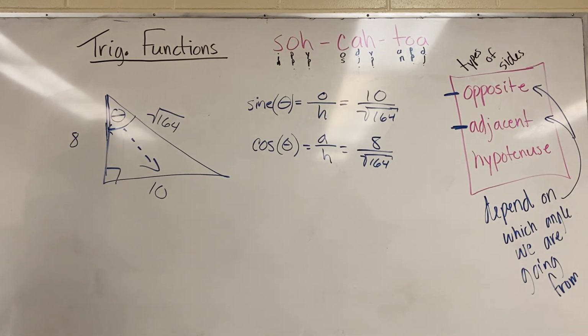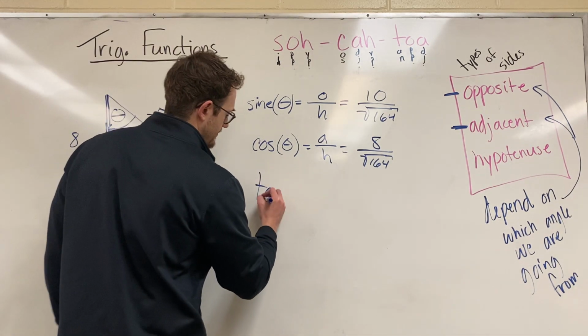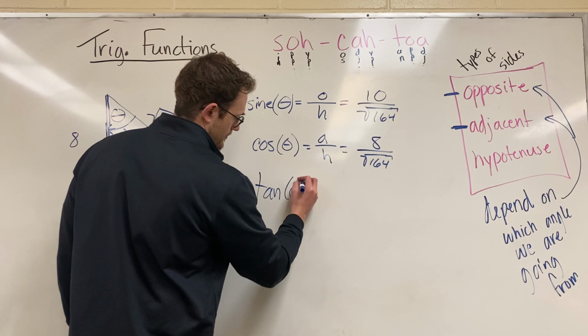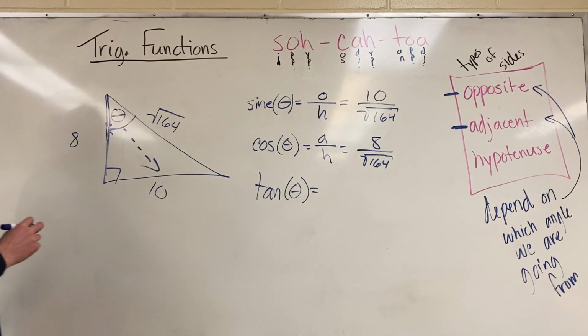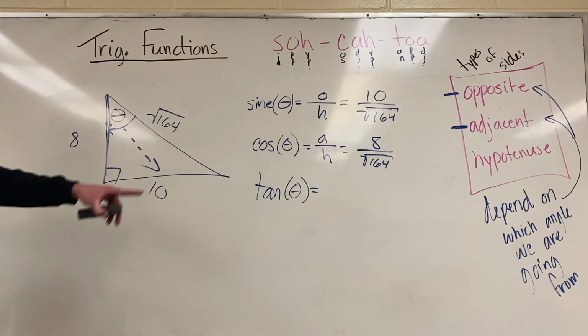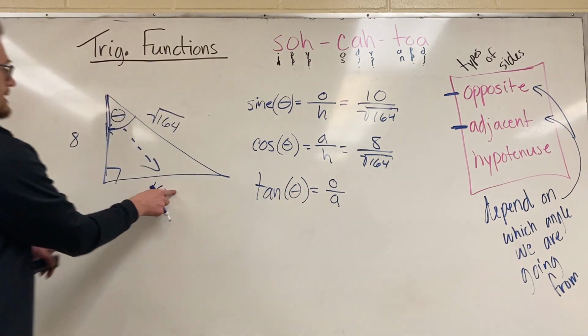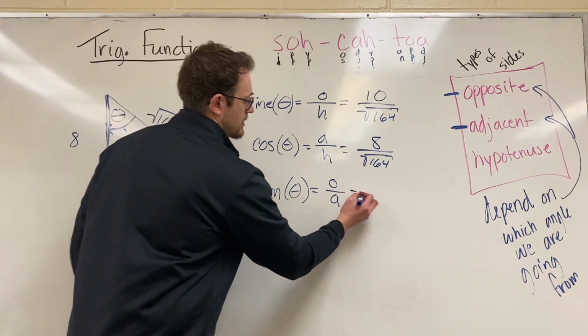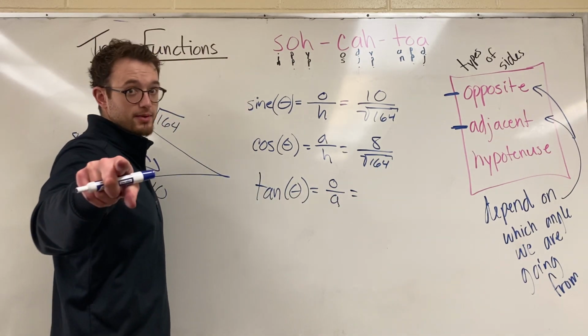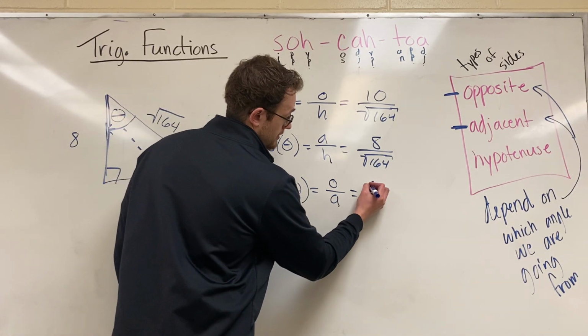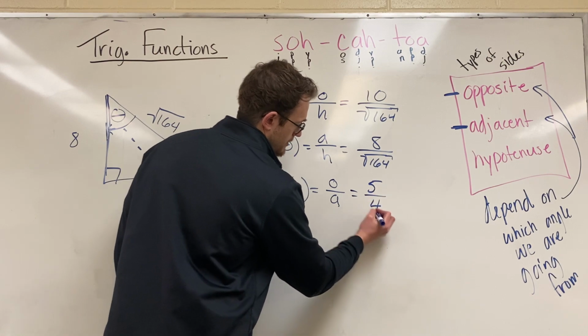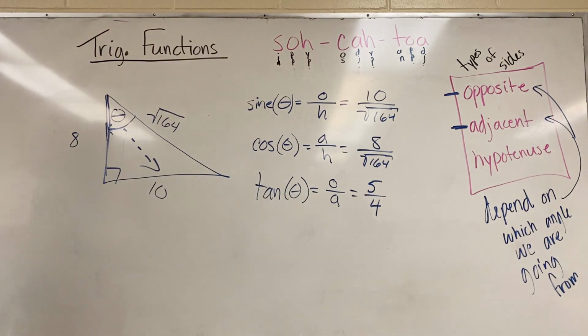All right, and then if I wanted to find the tangent of that angle, then that is TOA, opposite over adjacent, so I get 10 over 8. And my students better simplify that. 5/4. 10 over 8, 5/4. All right, we're good.